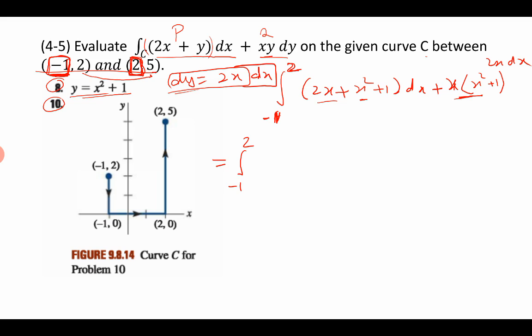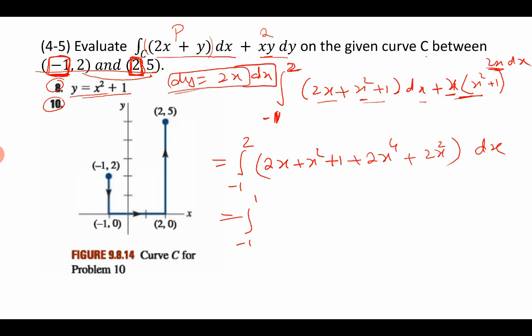This is (2x plus y) dx, isn't it? Here there is an x, so simplify everything. 2x plus x square plus 1, here there is a 2x and x and x: 2x power 4 plus 2x square, 2x and x square, all together with a dx.